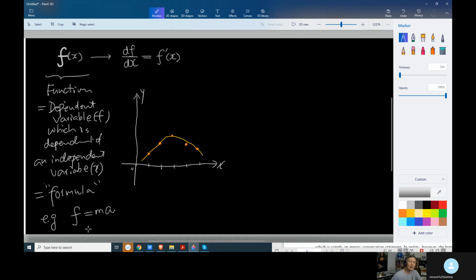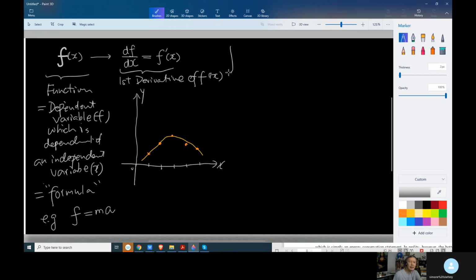That is a function. Now return to our study. When we rewrite this function in this form, this will be called the first derivative of function f(x).